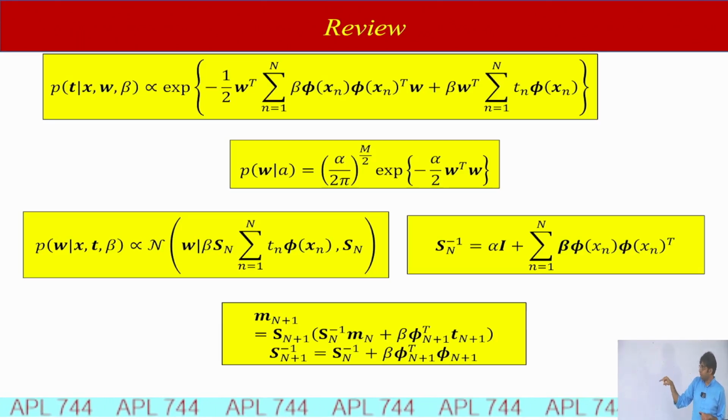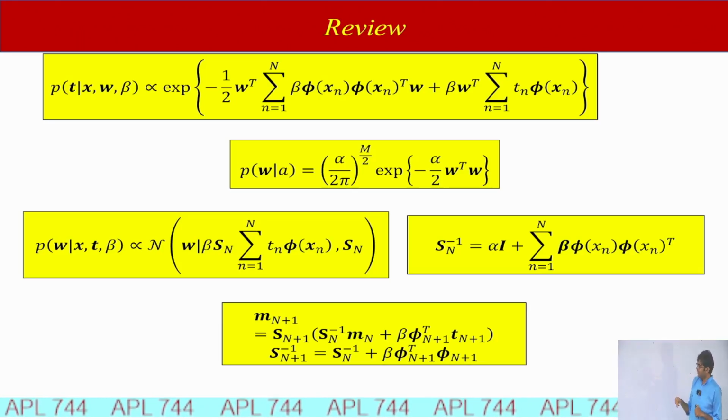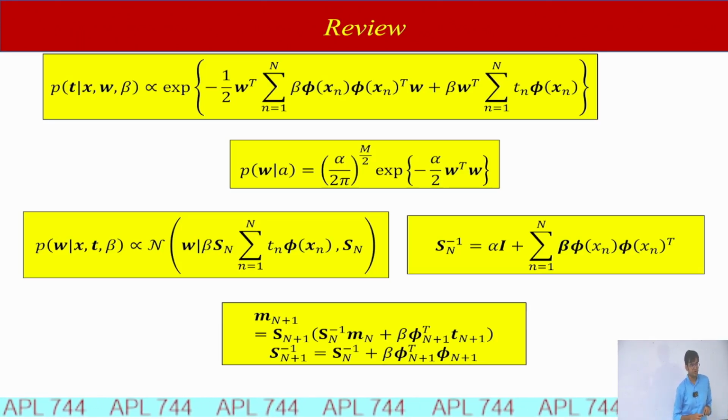And then you have the posterior, third row first column, right. And where Sn inverse, there is alpha I. That is the I, that's why it should be there, okay. It should not be alpha. And then the recursive formula we talked about, that you can do it recursively, that is the fourth row, okay. And we saw yesterday how you can do things recursively, right.